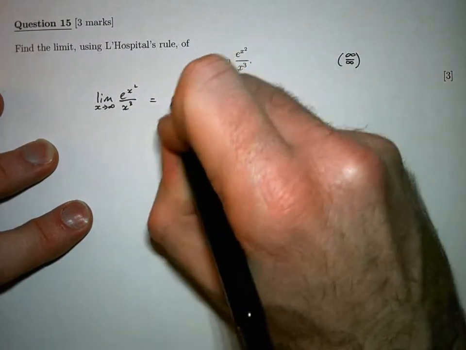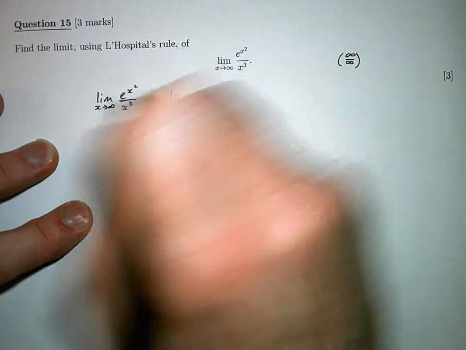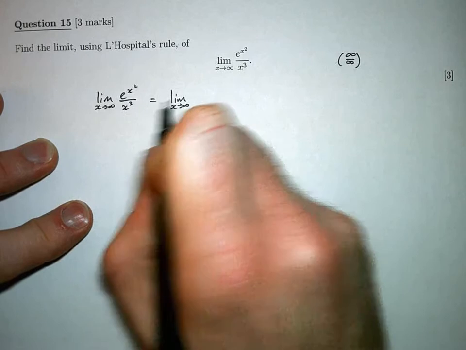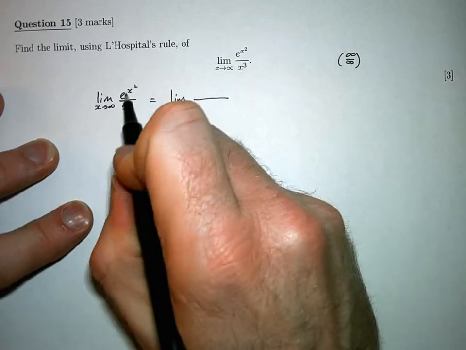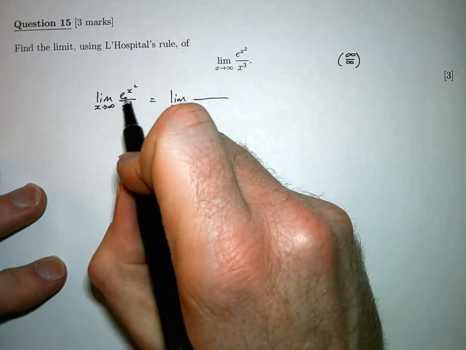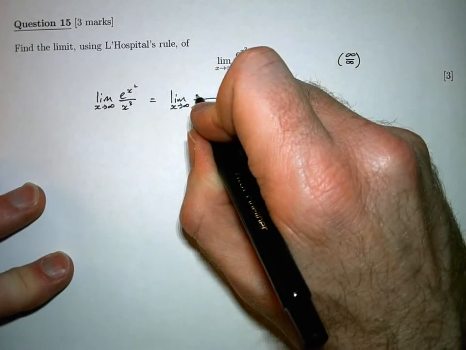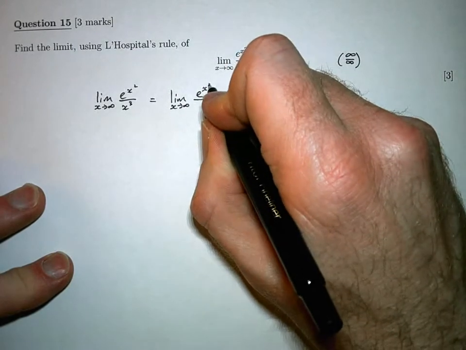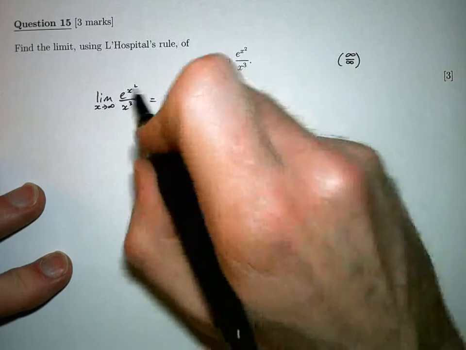So let's go ahead and differentiate numerator and denominator. Now just note my notation here. So the limit of this is equal to the limit of, now differentiate e to the x squared. It's a function nested inside a function. It's e to the power of something, so the derivative of that is e to the power of the same thing, untouched. That's the outer function multiplied by the derivative of the inner function.